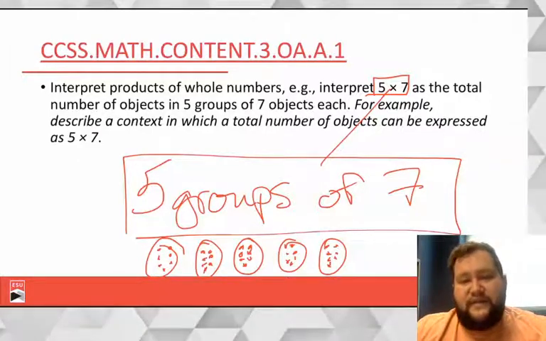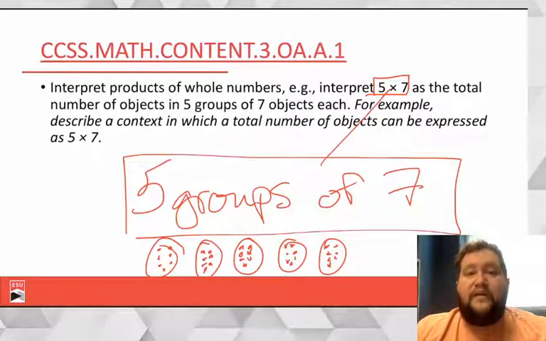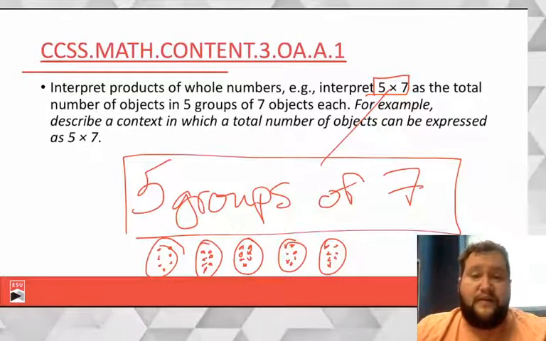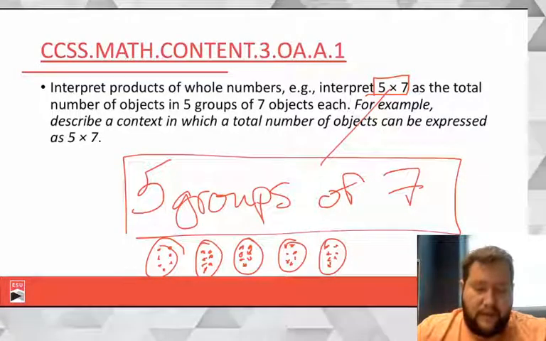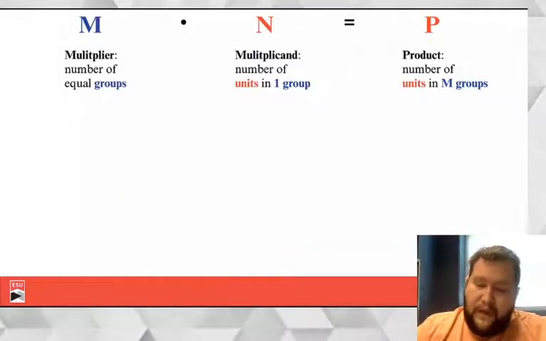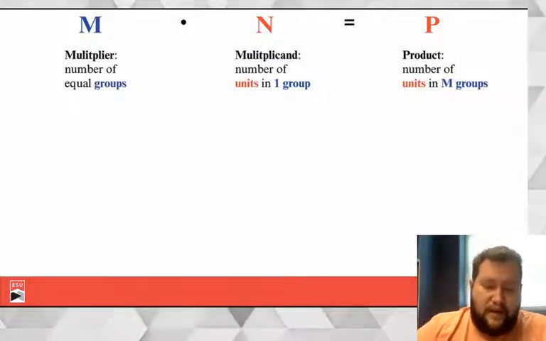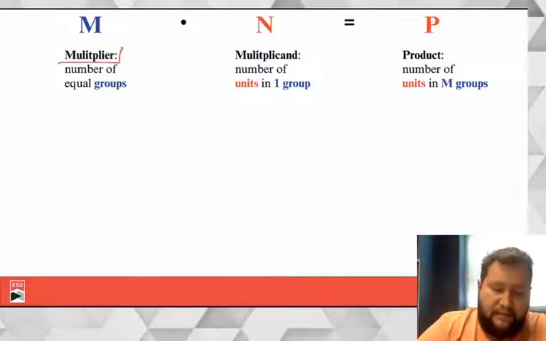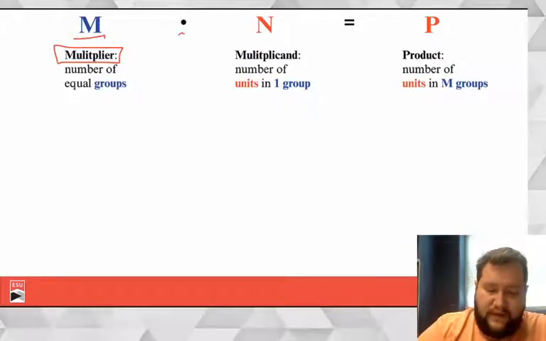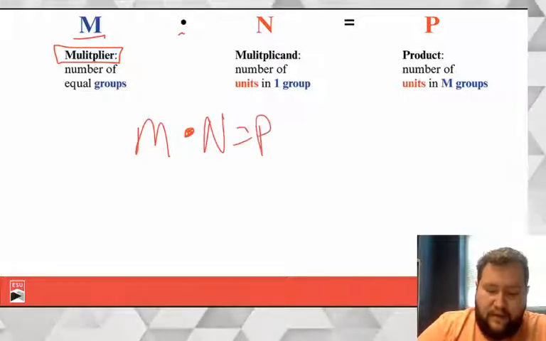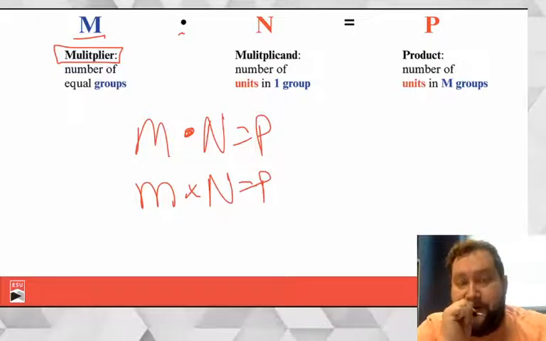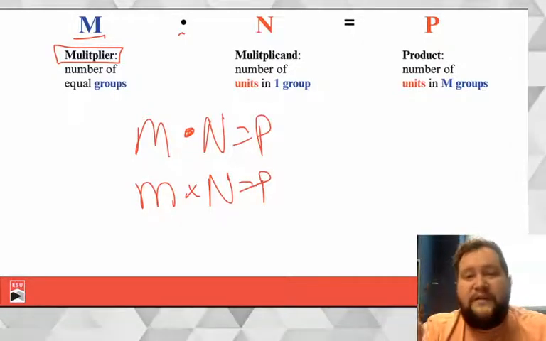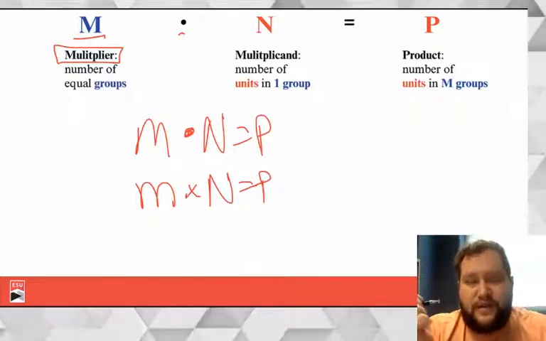That's because it gives us a consistent way to interpret a product, and also because it's one of the standards that eventually you'll have to teach. Generally speaking, we can talk about our multiplier, m times n equals p, using either a dot or our traditional x. It depends on the textbook which one they use.